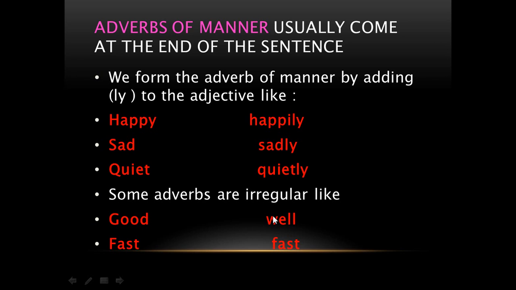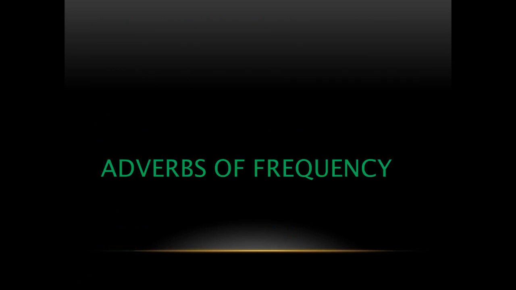What if I said he runs fast? Fast here describes he or runs? Did I say that he's always fast in everything? He eats fast, he runs fast, he walks fast? No, I only described his way of running. So I describe the verb, which is runs, so it's a word describing a verb, so it's an adverb.